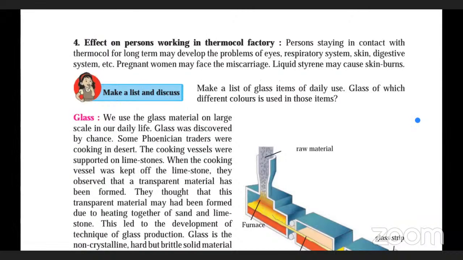The persons who work there daily are getting so much affected by this. They are developing different skin diseases, respiratory system problems, and problems of the eyes. Pregnant women also face so many problems because of this harmful effect of thermocol.